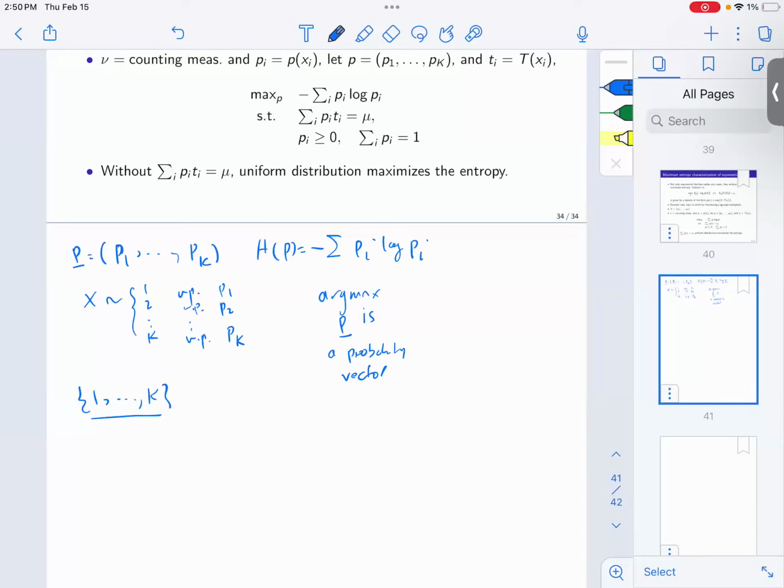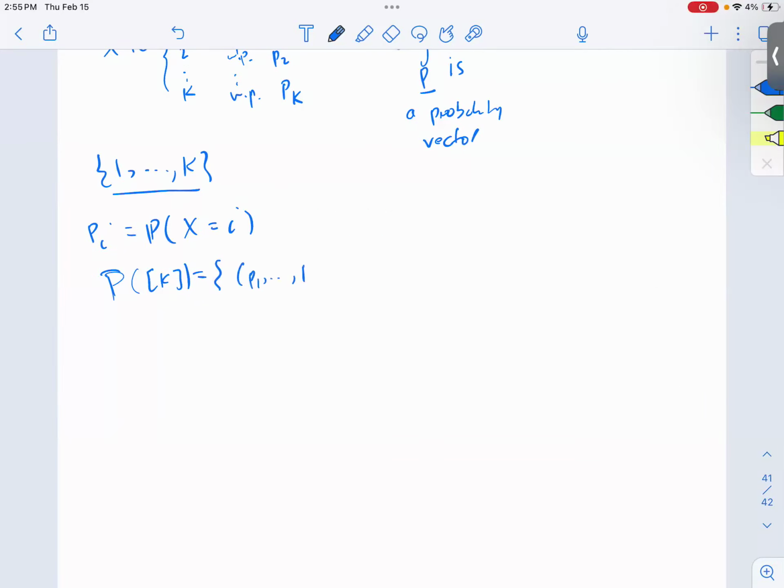You can think of this as the probability mass function. Pi is the probability that x is equal to i. I'm going to write p1 up to pk, which is like that.